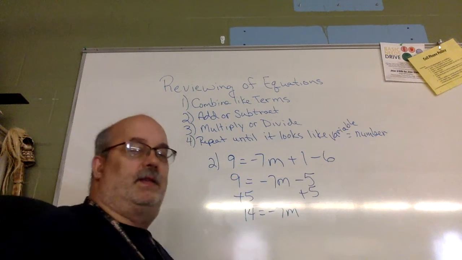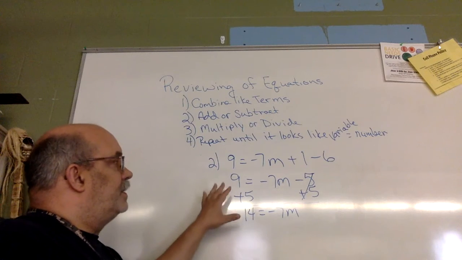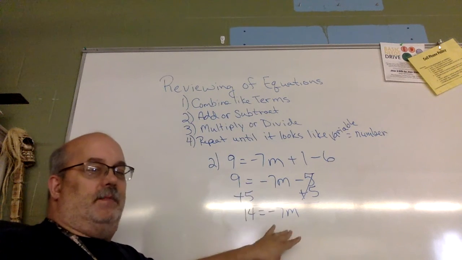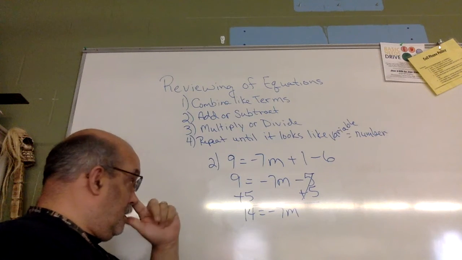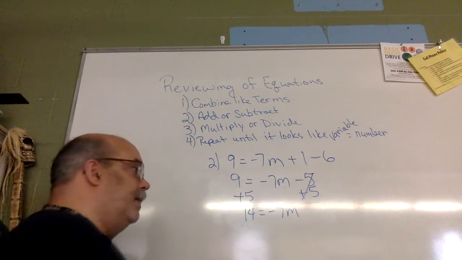So on the right-hand side, these two go away. Left-hand side, 9 plus 5 is 14. The negative 7m comes straight down. Next step, multiply or divide. We're going to divide by negative 7.